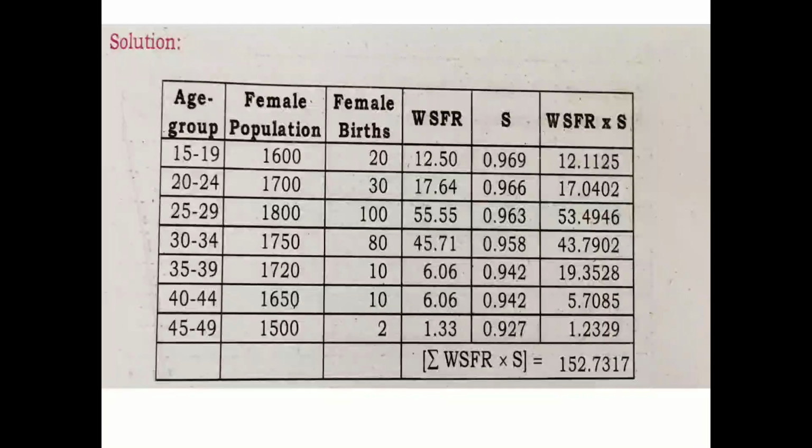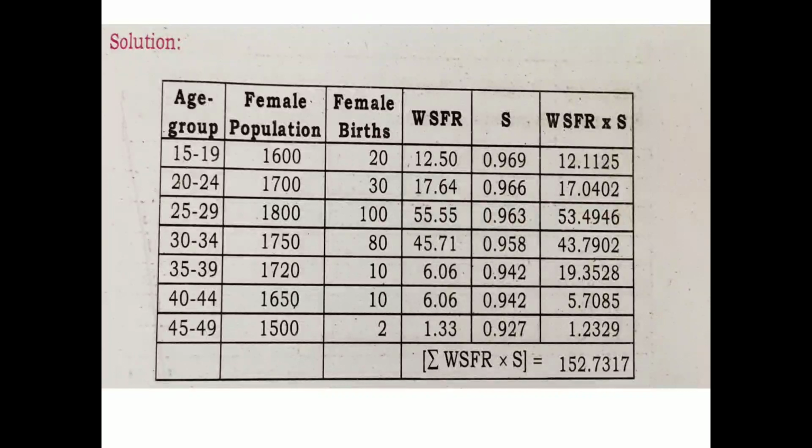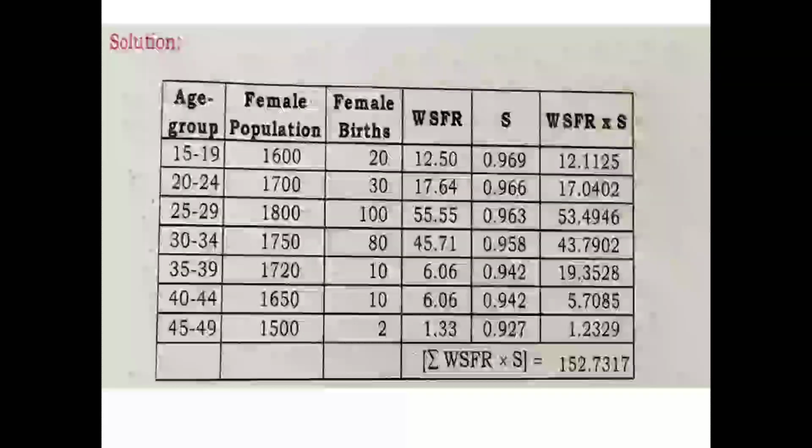WSFR is equal to, for 15 to 19 it is 12.50, 20 to 24 it is 17.64, 25 to 29 it is 55.55, 30 to 34 it is 45.71, 35 to 39 it is 6.06, 40 to 44 it is 6.06, 45 to 49 it is 1.33.